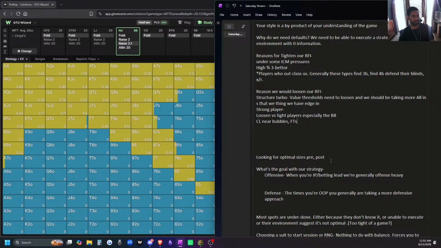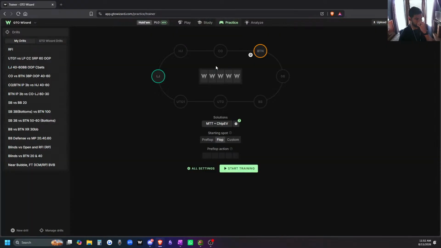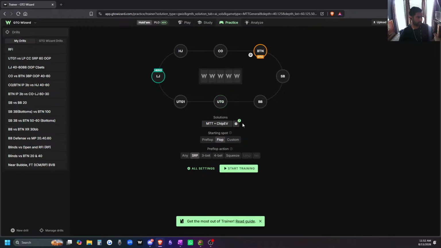Let's jump into one of the drills that you recently made. This is a 3-betting drill. Versus low jack, you start on the flop. Oh no, single raise pot, so we're out of position.